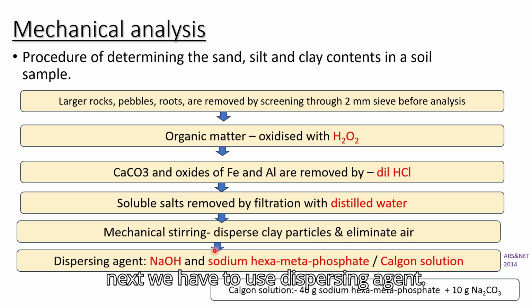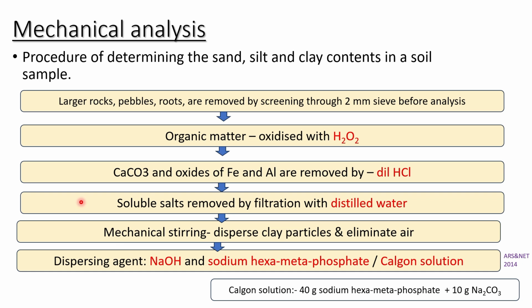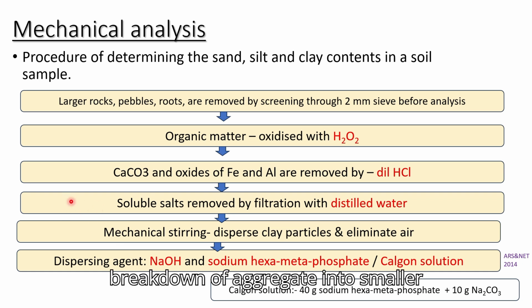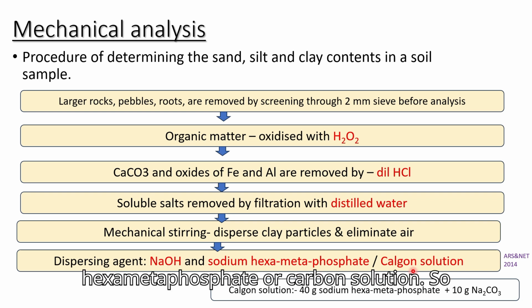Okay. Then next we have to use a dispersing agent. Dispersion means the breakdown of aggregates into smaller particles. So we will get smaller particles when we add dispersing agents like sodium hydroxide, sodium hexametaphosphate or sodium carbonate solution.